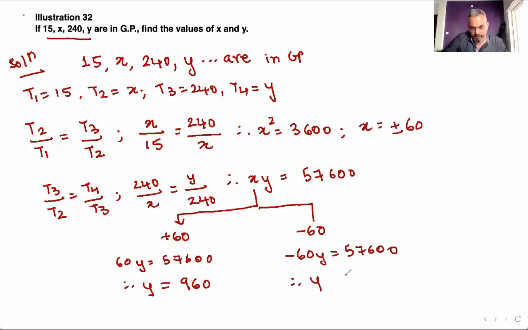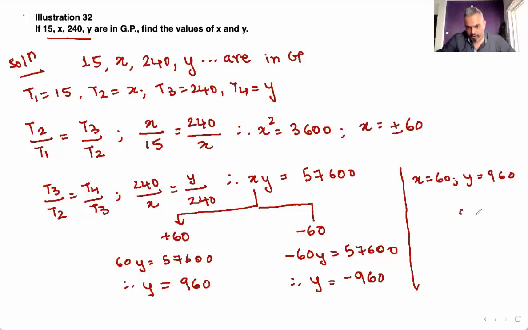Therefore, y is equal to minus 960. So what is the answer? The answer will be x is equal to 60, y is equal to 960, or x is equal to minus 60 and y is equal to minus 960. Answer.